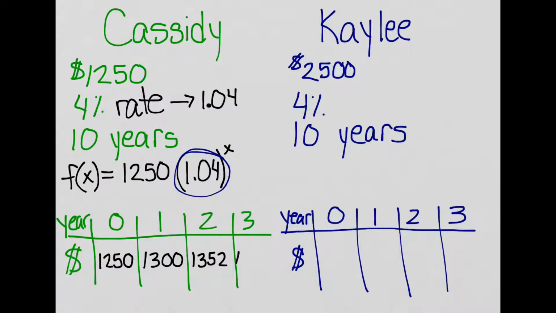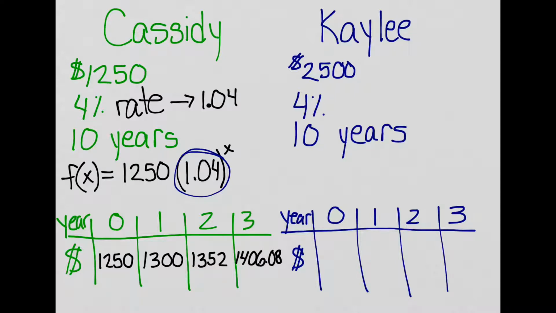And so when I multiply that, I get $1,406.08. Go ahead and round off like money. And you're going to run into decimals a lot when you do this, and that's okay. All right, so hopefully that keeps you going. You're going to just keep multiplying by 1.04 every time.